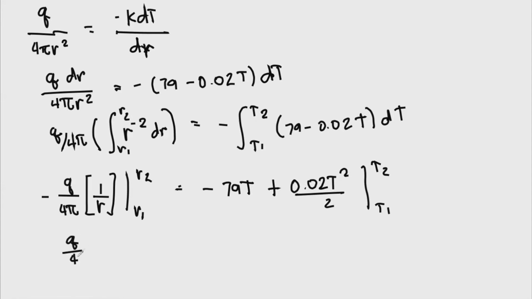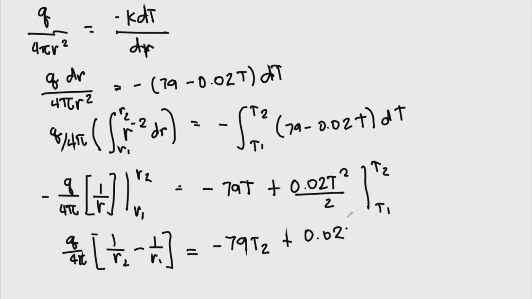So, we continue doing this. So, Q over 4 pi. So, we get 1 over r sub 2 minus 1. Oh, sorry. Napabilis sulat ko. So, minus 1 over r sub 1. That is equal to negative 79 T sub 2. Then, plus 0.02 T sub 2 squared over 2, and then minus.